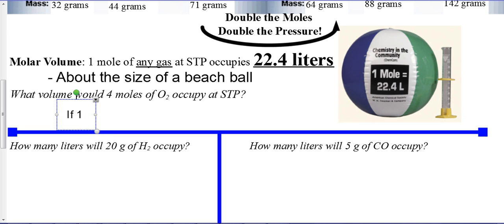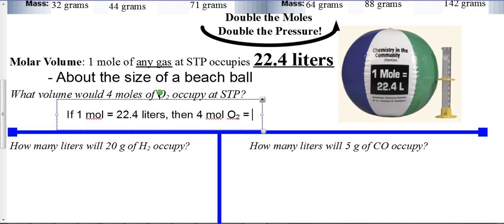So if 1 mole equals 22.4 liters, then 4 moles of oxygen gas, so O2, would equal 22.4 times 4, which is just equal to 89.6 liters.